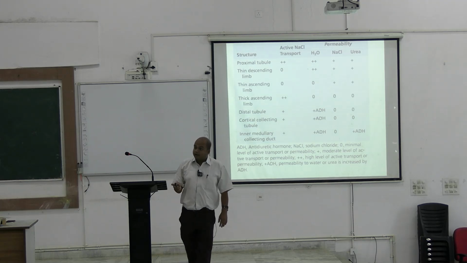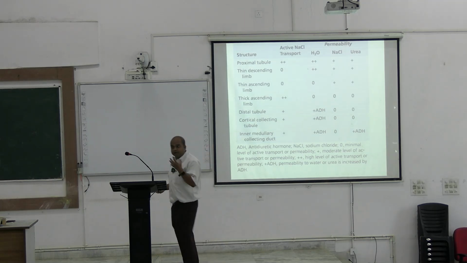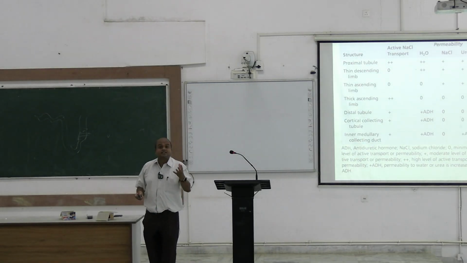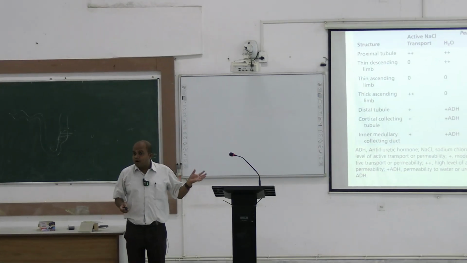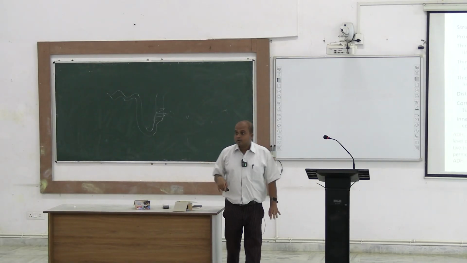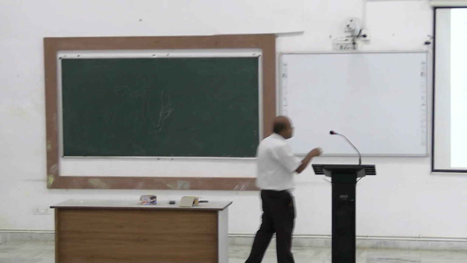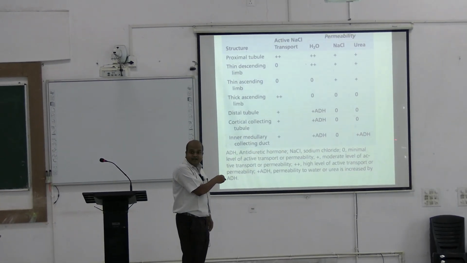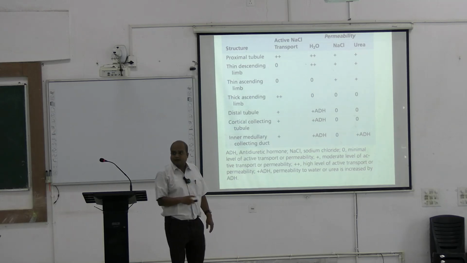If it is 1200, then almost 500, 600, 700 comes from urea itself. So urea also contributes to the hyperosmolar medullary interstitium, but only when ADH is acting, and that too in the inner medullary collecting duct.